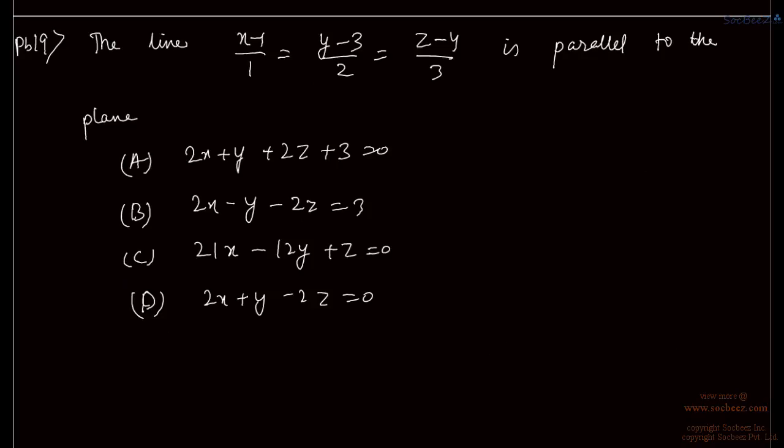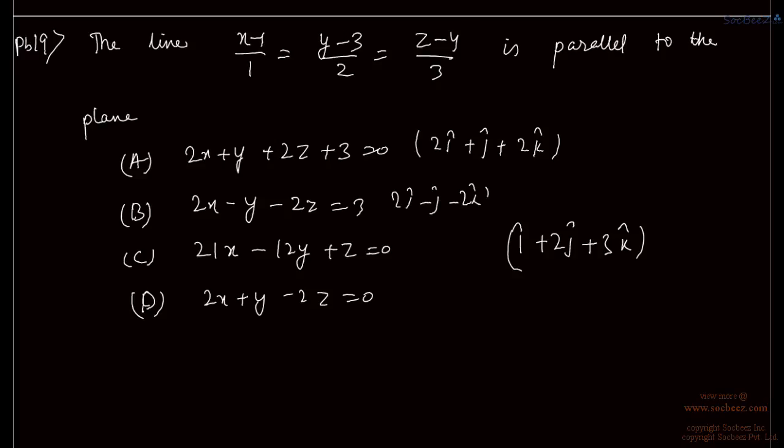So we have one vector, which is the direction ratio vector of the line, that is i + 2j + 3k, and the normal vectors of the planes are 2i + j + 2k, right? And from here 2i − j − 2k, and for this line 21i − 12j + k, and for this line 2i + j − 2k.